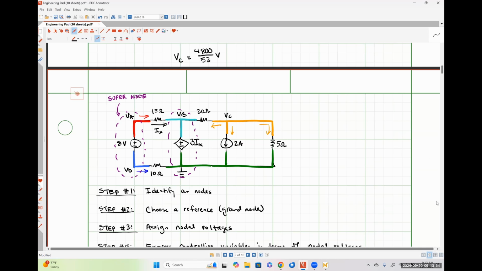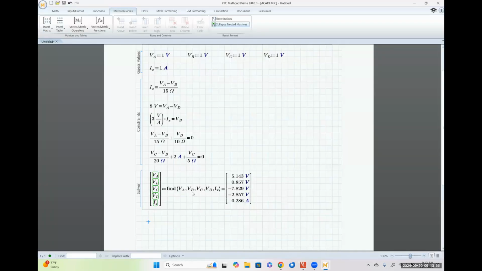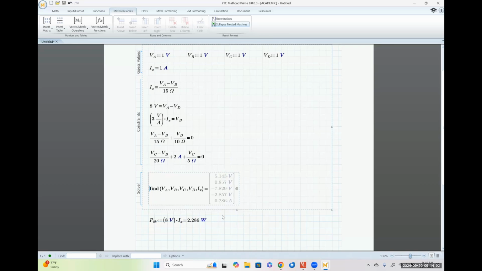So I can go into MathCAD really quickly, and I can say P 8 volts is equal to 8 volts times IX. And it gives me that that particular source is supplying 2.286 watts of power. If I didn't have that matrix, it doesn't know what IX is.